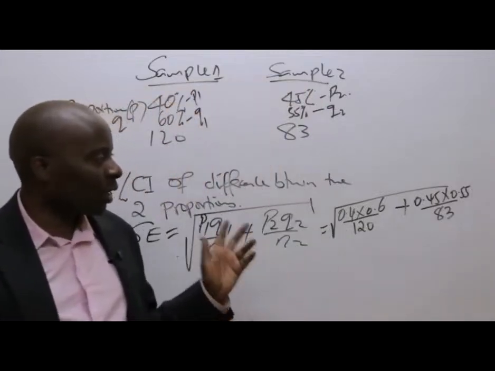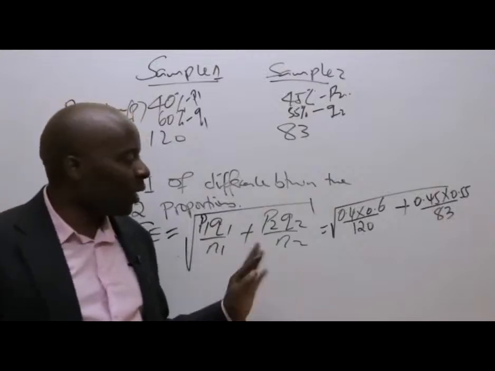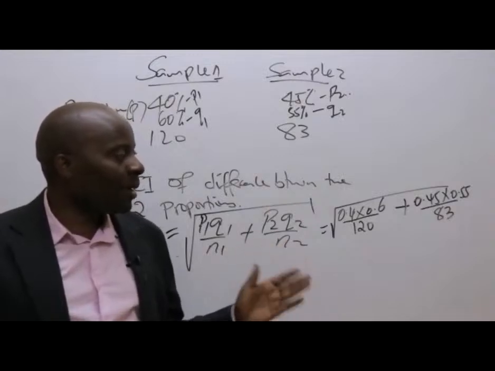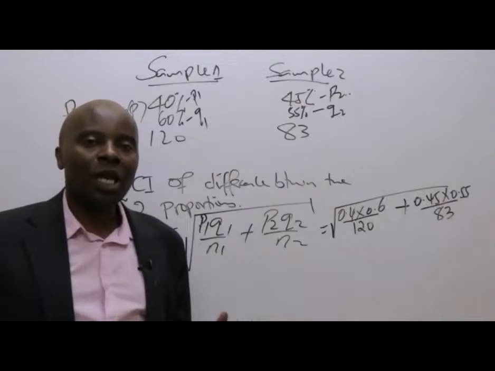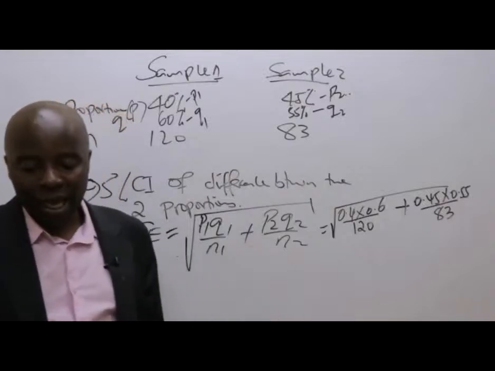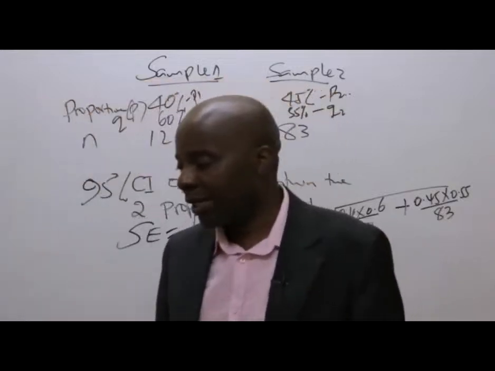So for you to give us the correct answer, take 0.4 times 0.6 divided by 120 plus 0.45 times 0.55 divided by 83. You say equals. Whatever you get, you say square root.